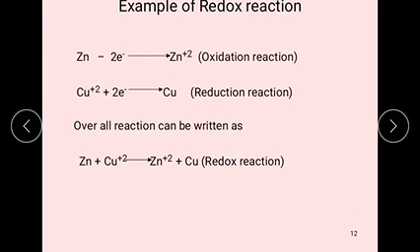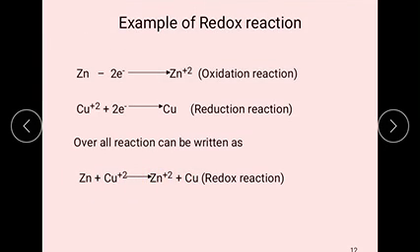In the elemental state, the copper oxidation number is 0, from plus 2 to 0. Then it is a reduction reaction. In a single reaction, it contains both oxidation and reduction reactions. Then it is a redox reaction.